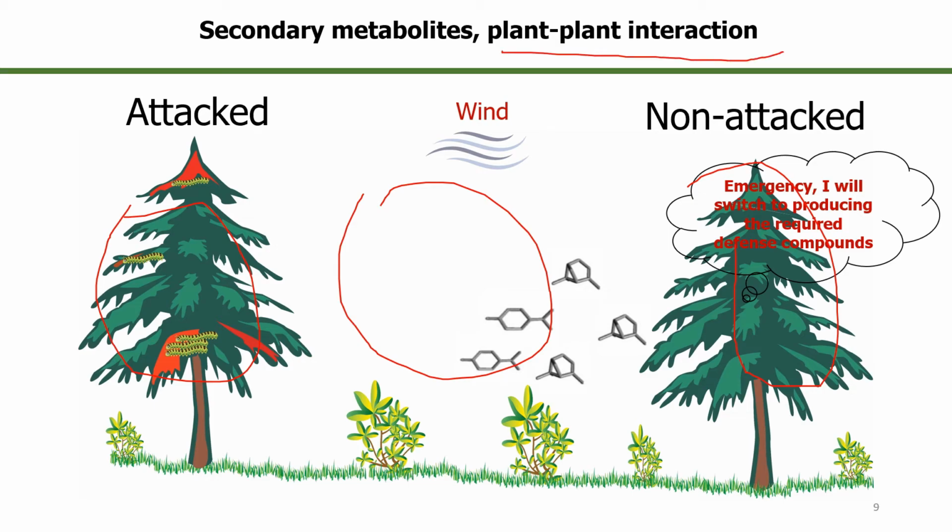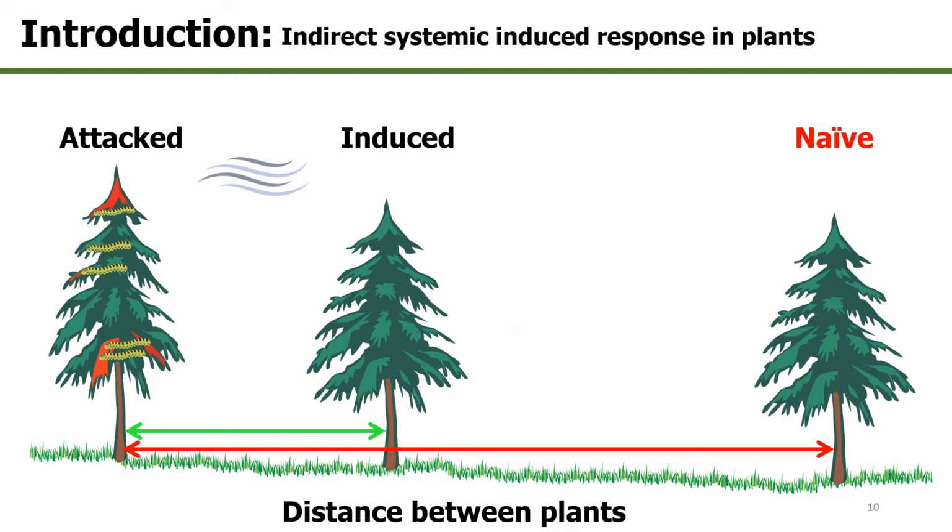So plants have other means of interacting as well in order to exchange messages when there are dangers in the neighborhood. Well, this slide is a continuation of my last slide.